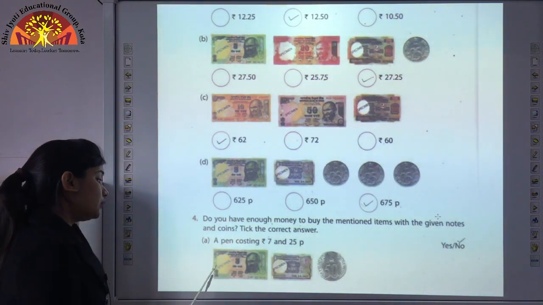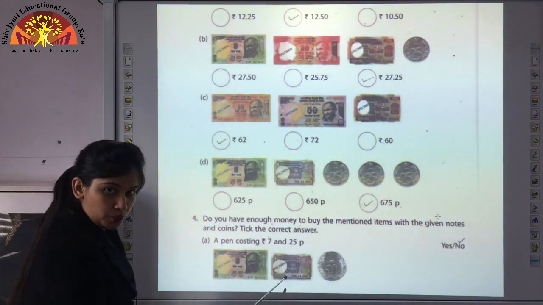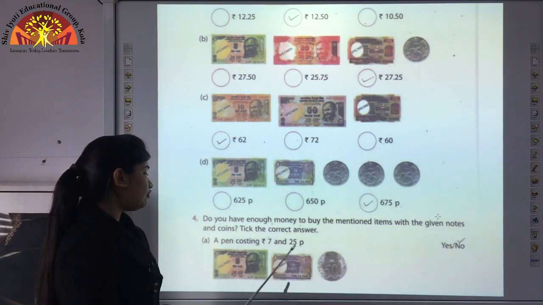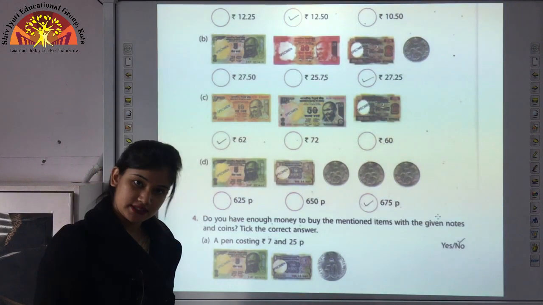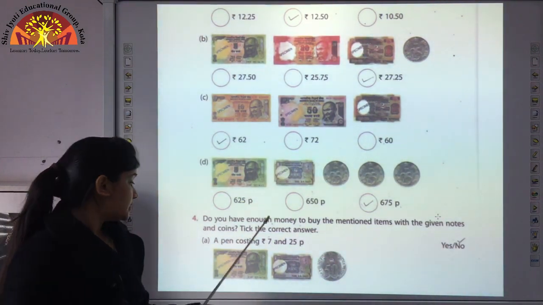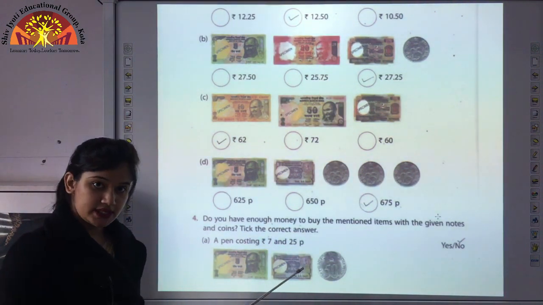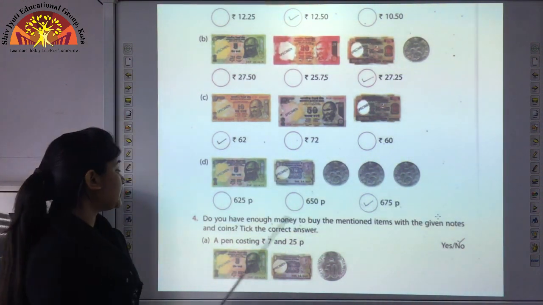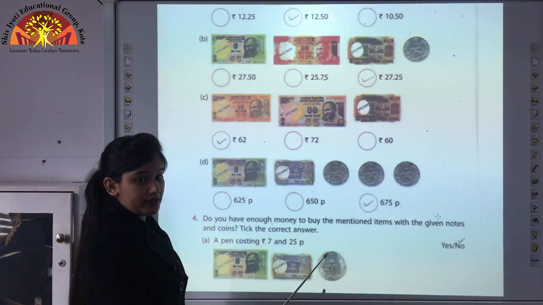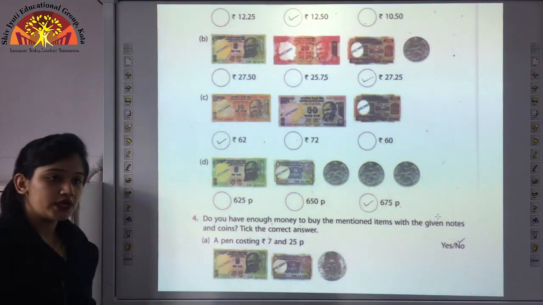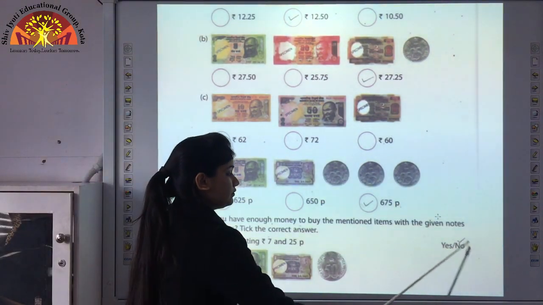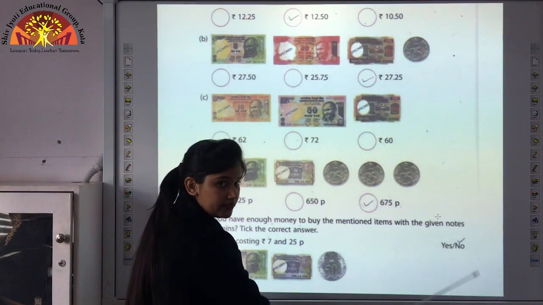We have rupees 5, rupee 1 and 50 paise. So now students, rupees 5 plus 1 will be rupees 6, and we have 50 paise, so it will be rupees 6 and 50 paise. But in this question the cost of the pen is rupees 7 and 25 paise. So it is not possible for us to purchase this pen, so we have to tick the answer no. Is it clear?